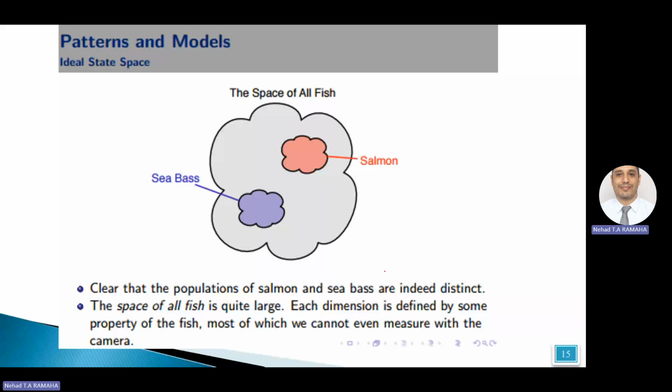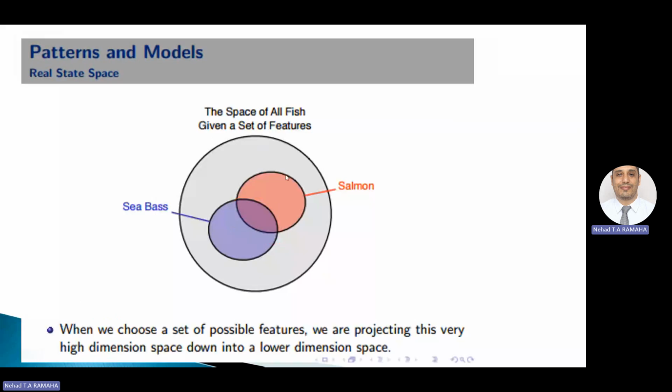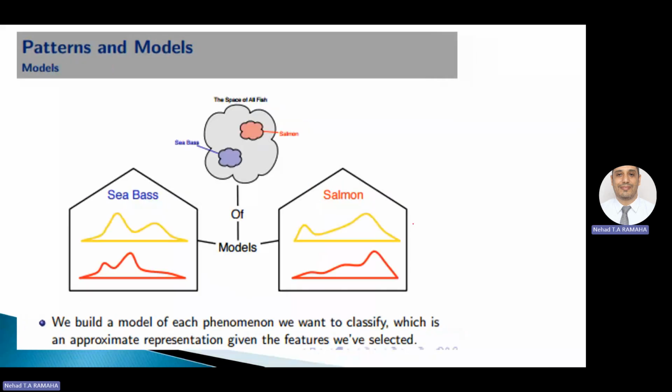In real life, the salmon and sea bass have some common features. So if we represent the features, for example, here we have two features. We can see the features in two dimensions, by the way. It's like this.